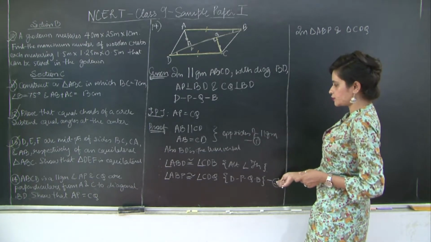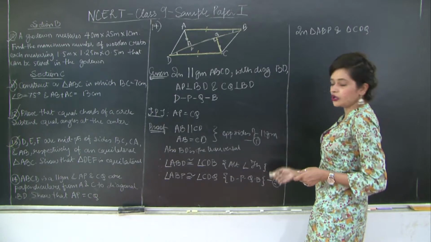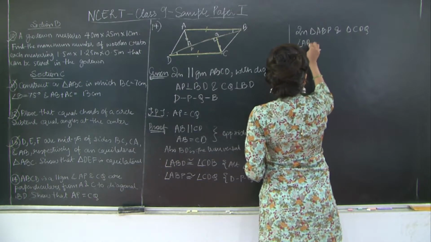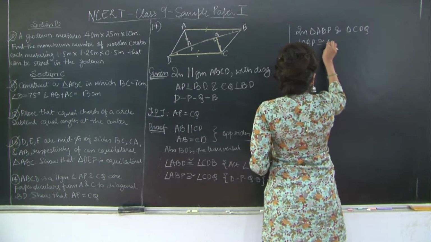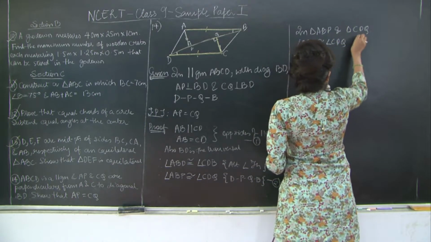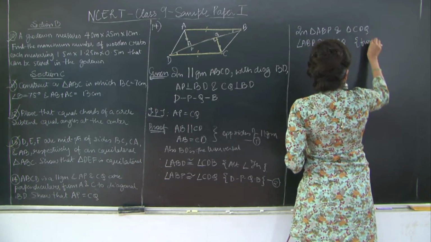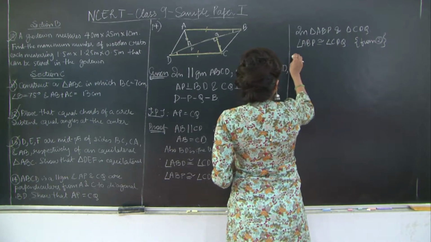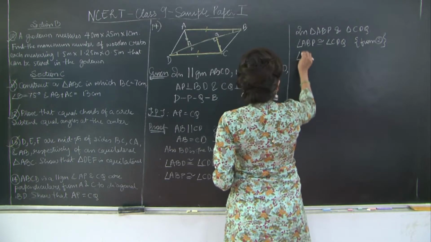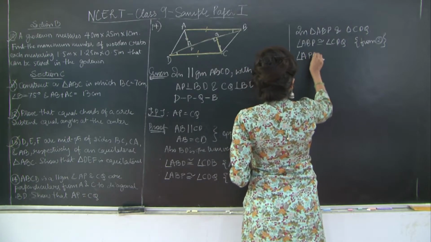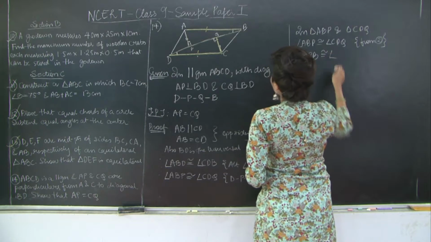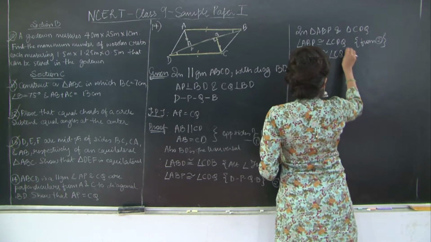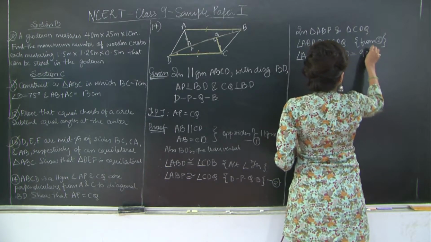From statement number 2, I have angle ABP is congruent to angle CDQ, and I will say from 2. And also I have angle APB is congruent to angle CQD, which is equal to 90 degrees.